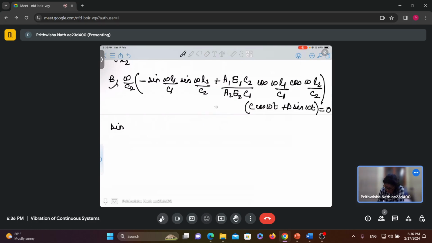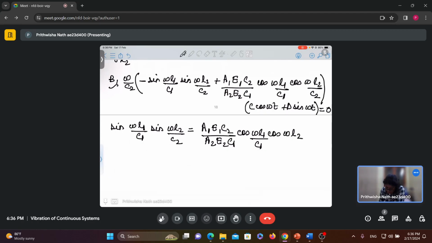So sin(omega L1 by C1) into sin(omega L2 by C2) equals A1 E1 C2 divided by A2 E2 C1 cos(omega L1 by C1) into cos(omega L2 by C2).